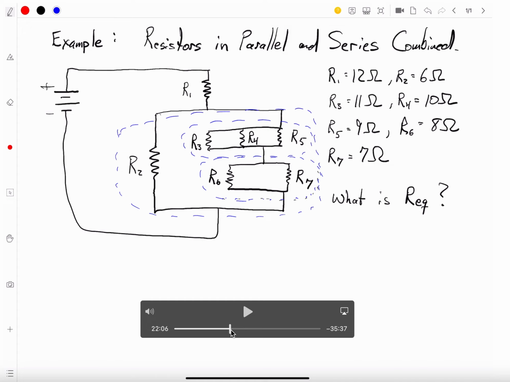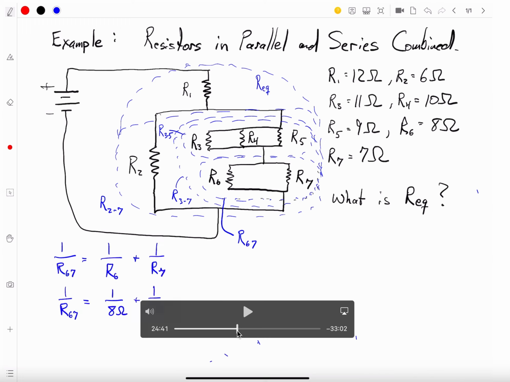Then we're going to do an equivalent of R3, 4, and 5, R6 and 7. We're going to do that equivalent because they're in series. And then we're going to include R2 with that, and then we're going to include R1, and then that will give us our total R_EQ. Okay? So let's do R6 and 7 first. And we're doing R6, 7 the hard way.